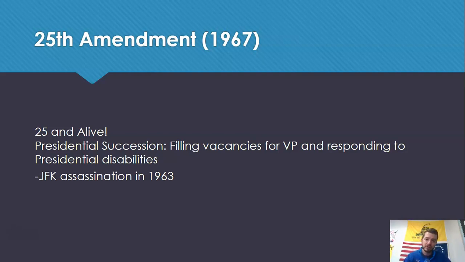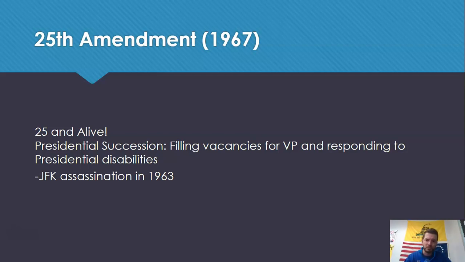So this amendment is designed to solidify that and make sure that there's always going to be good leadership in our presidential role. So you can think 25 and alive: it's presidential succession. It's filling vacancies for the vice president and responding to presidential disabilities.